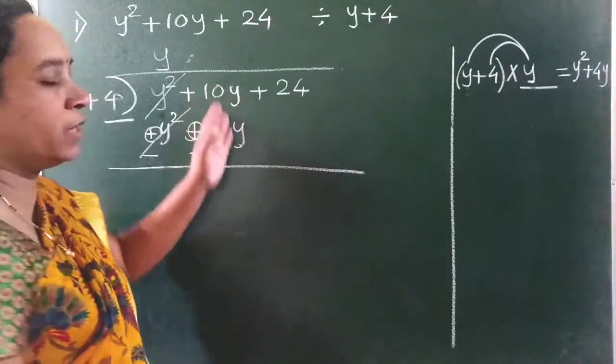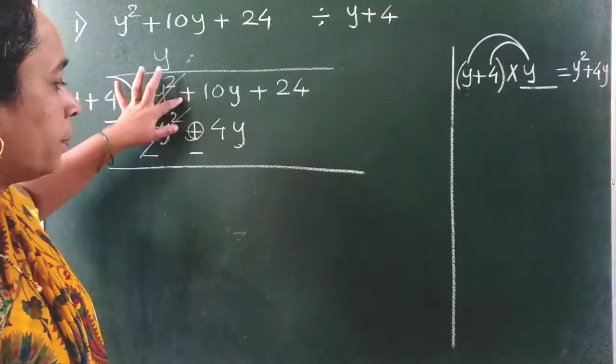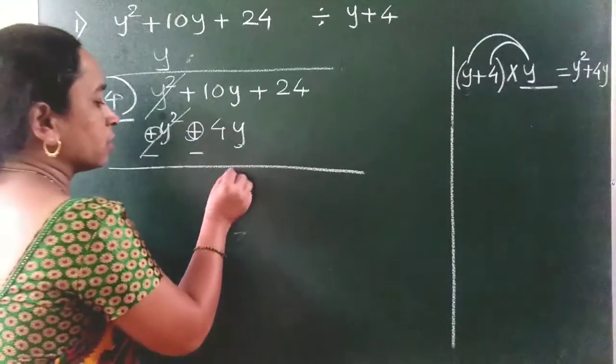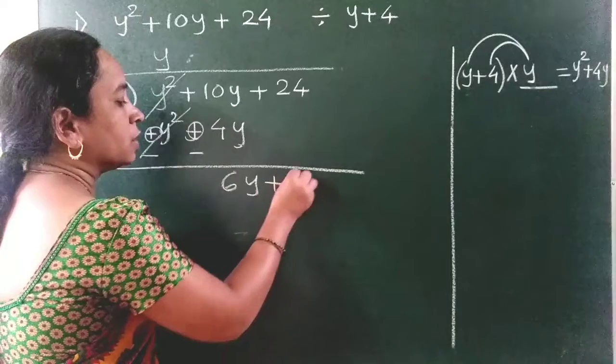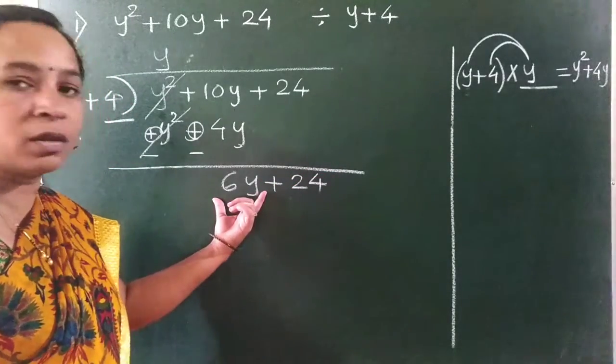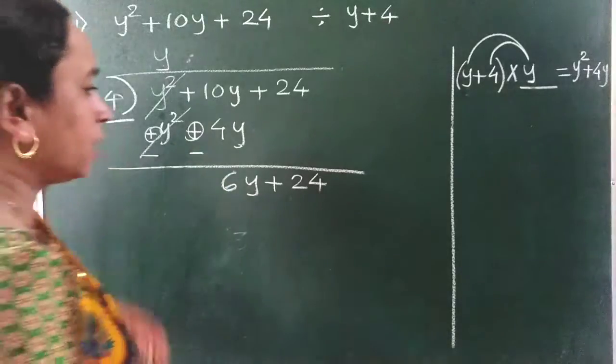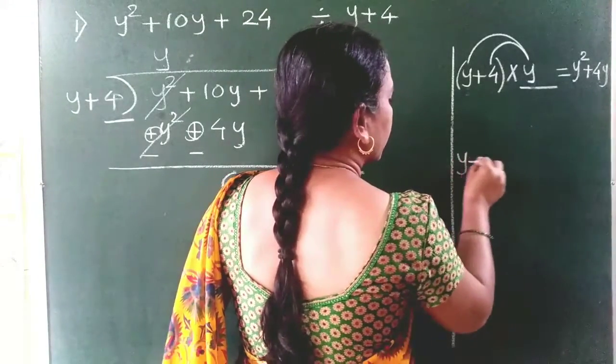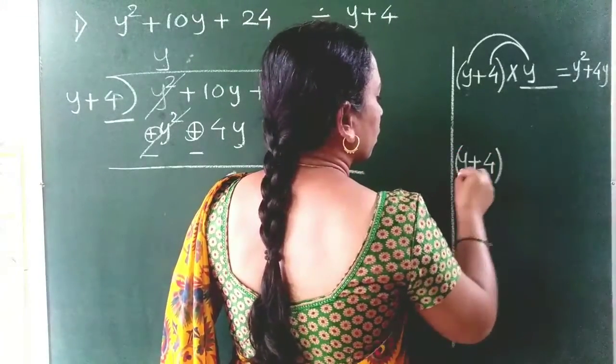The second terms we have to subtract. Here plus, here minus, so subtract. This gives 6y plus 24. Now I want to find the term 6y. So again I take the divisor y plus 4.